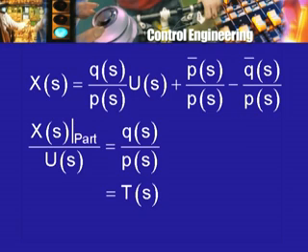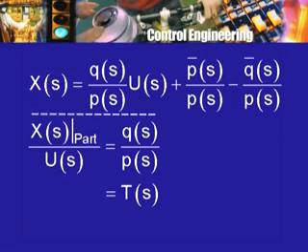Similarly, this part involves only the initial values of the input. If the initial values of the input are 0, this part will be 0. So, once again we can say that we are looking at the special case when the initial values of the input are 0, or we are not looking at this part of the response. The third term depends on the Laplace transform of the input u(s), and it involves the two polynomials Q and P. And when we look at only this part, then we write x(s) divided by u(s).